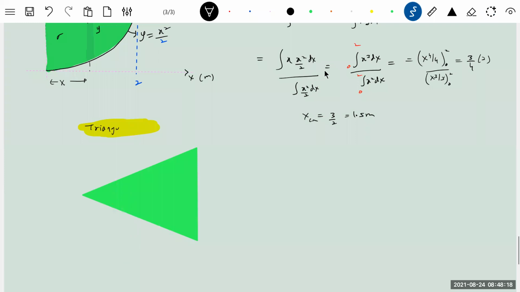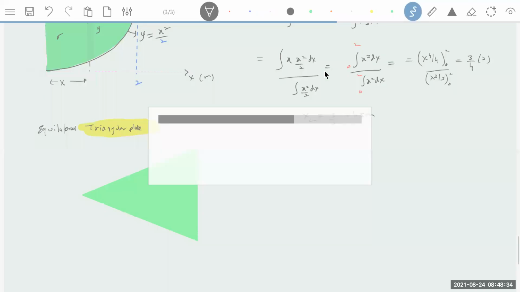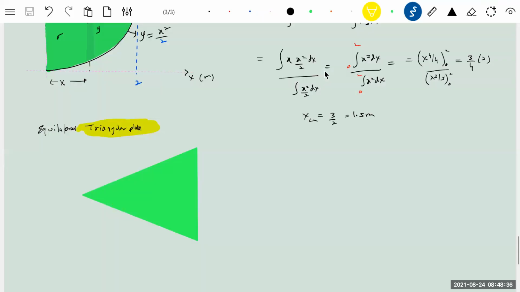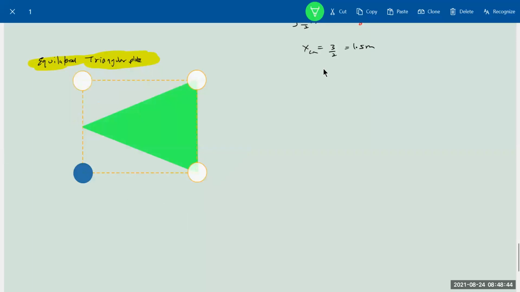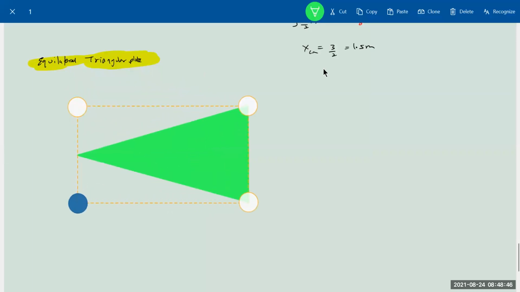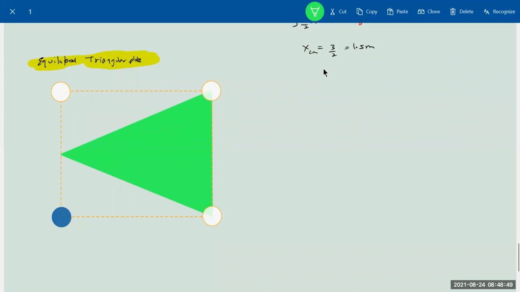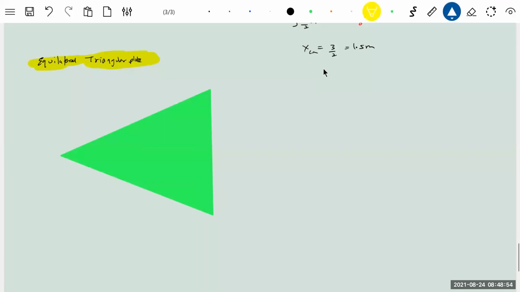For an equilateral triangular plate, it will be easy. You have to calculate YCM. Why should I calculate? You should put in effort. Okay, carry on. A triangular plate of side length L. This appears to be an equilateral triangular plate. Carry on now.